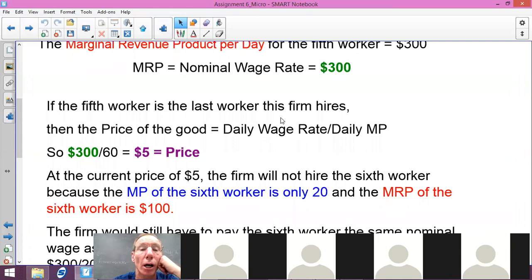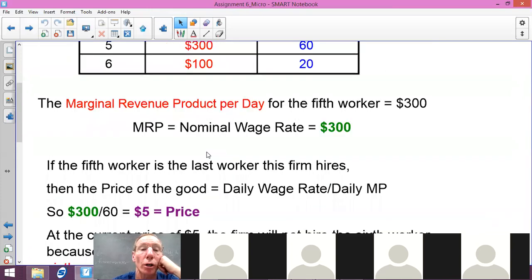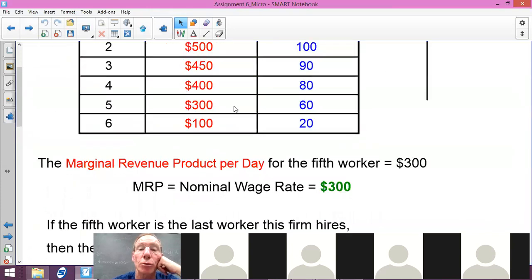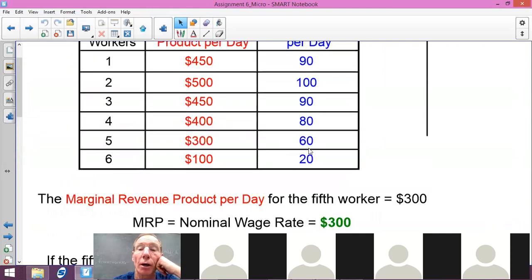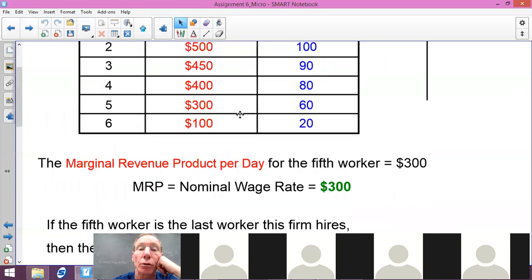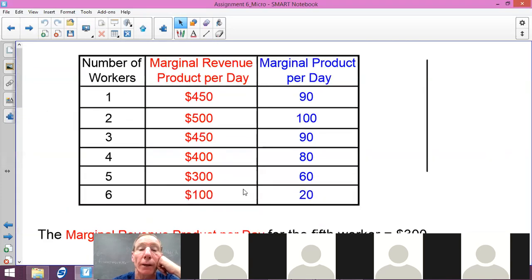So they would hire up to the fifth worker, right? If the price of the good was $5, then the fifth worker, 60 times 5 is 300. So the fifth worker's wage rate at 300 would match the marginal revenue product right here, okay?